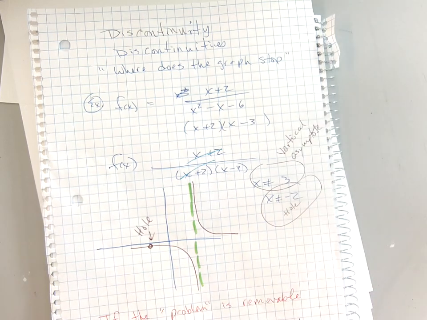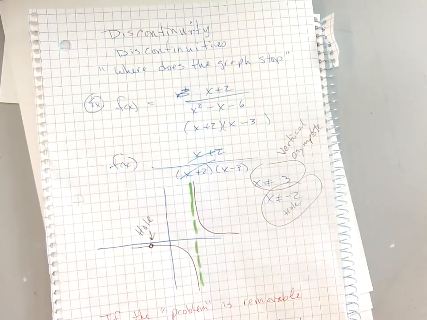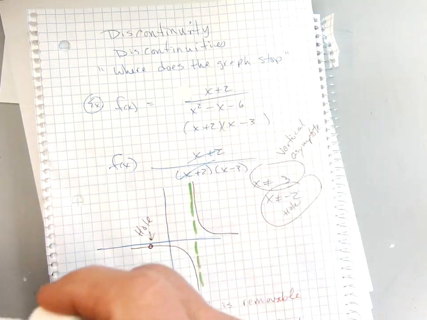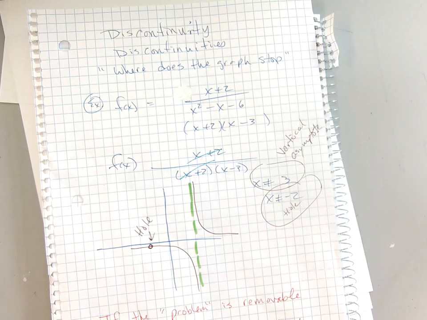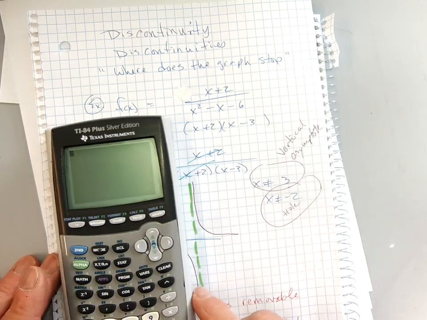Okay, so let's talk more about discontinuous. Here's the graph I gave us. Oops, I got a little mistake. Let me fix that here. Here's my function, and if I graph this, you'd think it's some kind of weird graph, right? Some kind of curvy whatever.